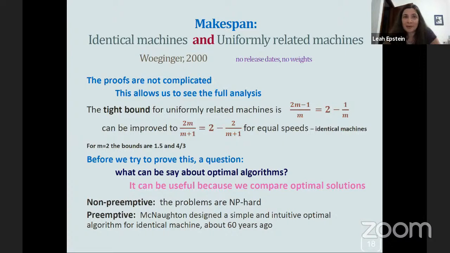On the benefit of preemption. For uniformly related machines, this is like the fifth line of the slide, is 2 minus 1 over n. And one can improve it if you have equal speeds or identical machines. That's in the middle of the slide. If you check the numbers for our two machines, you see that you get 1.5 and 4/3.